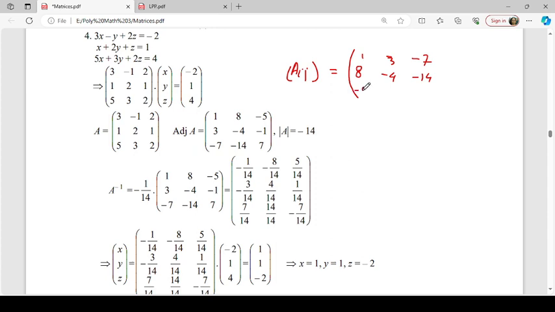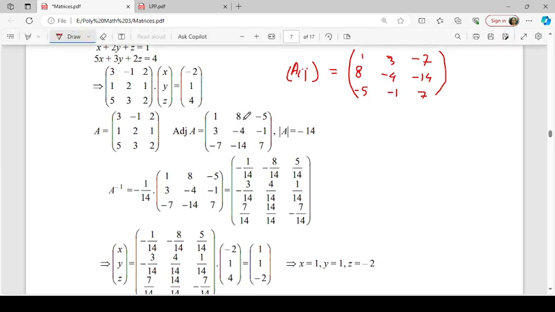Cofactor of A32 is 3 minus 2, it is 1, it will be minus 1. And cofactor of A33 is 6 plus 1, it is 7. So this is the cofactor matrix, and adjoint is the transpose. So 1 3 minus 7, then 8 minus 4 minus 14, and minus 5 minus 1 7.